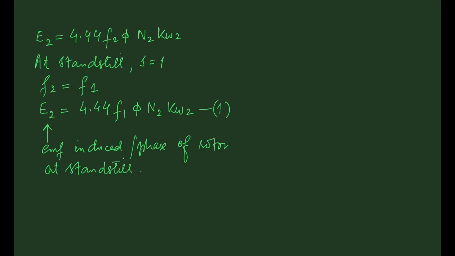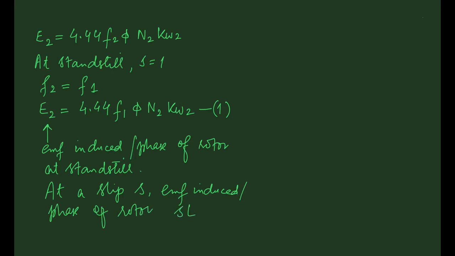And therefore the EMF induced at any other value of slip S, the EMF induced per phase of rotor will be given by S times E2. Now this EMF acts on a rotor circuit which will have a resistance and a leakage inductance.